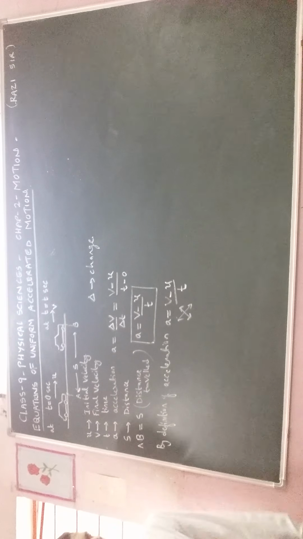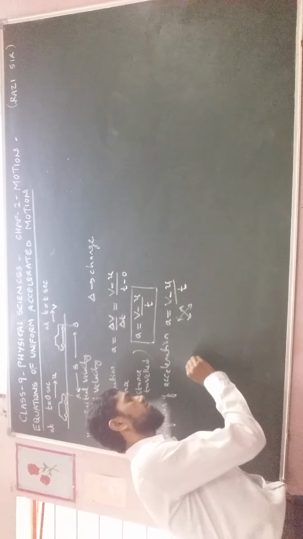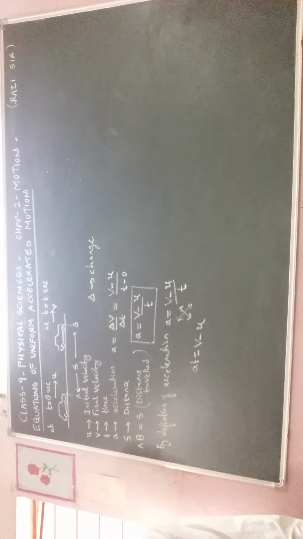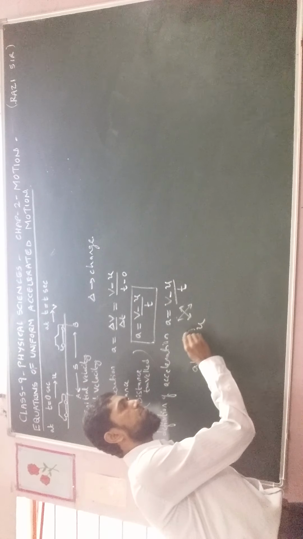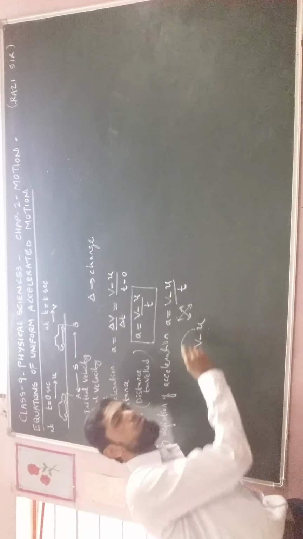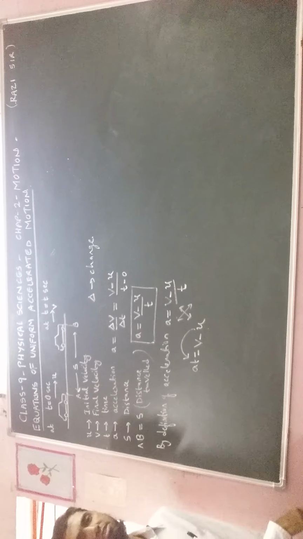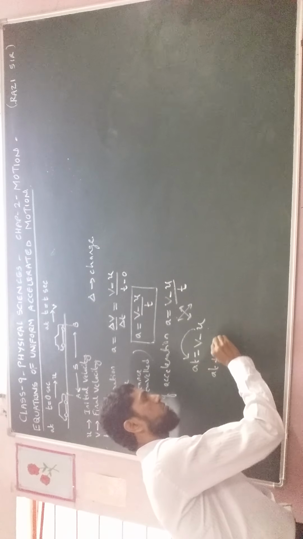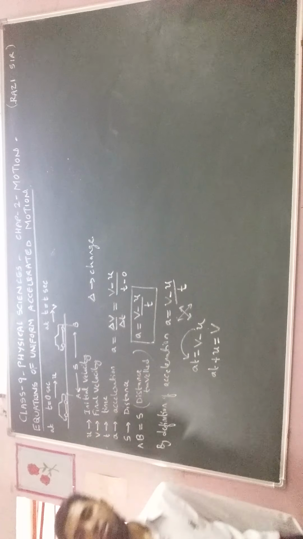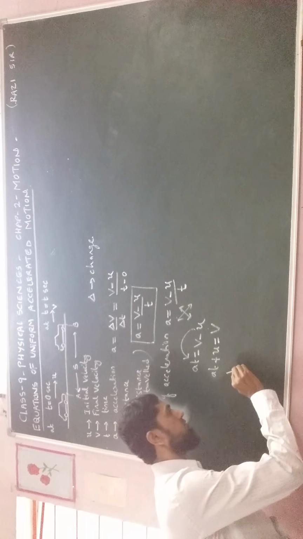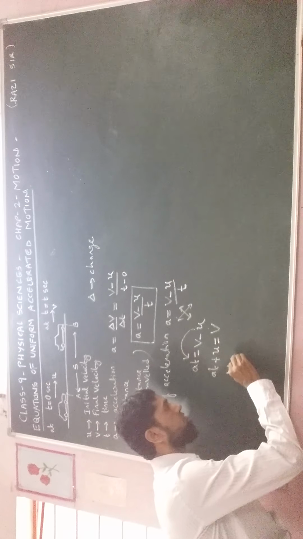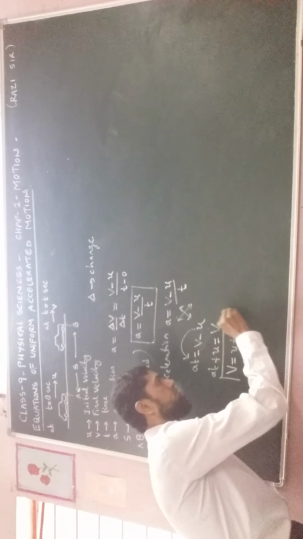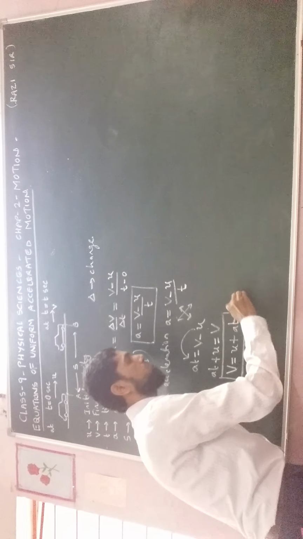So what do we get? at equal to v minus u. Transpose the negative u to the left hand side. So we get at plus u equal to v. That is nothing but our first equation of motion, v equal to u plus at. This is our first equation of motion.